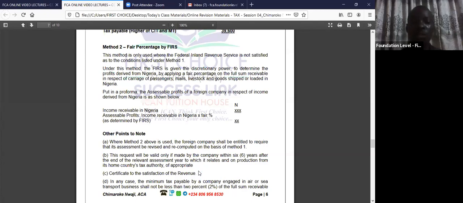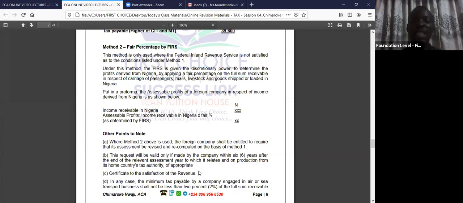Now, points to note here. Whenever we use method 2, the company is entitled to say, no, I want you to recompute everything based on method 1. Even though you don't agree with method 1, I demand that you compute it based on method 1. And if method 1 proves to be favorable to the company, they will say, please compute it on method 1.